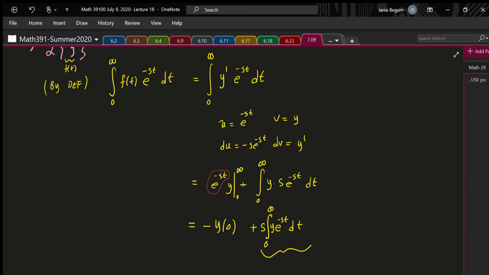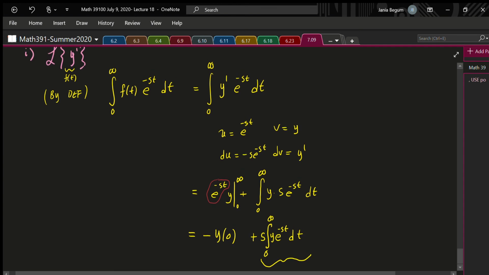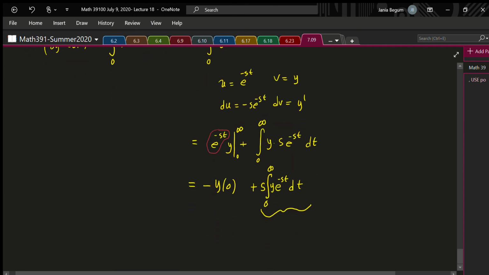Does that remind you of something? Think of the definition we just saw so many times. So if I tell you that this is the Laplace transform of y, would you agree?